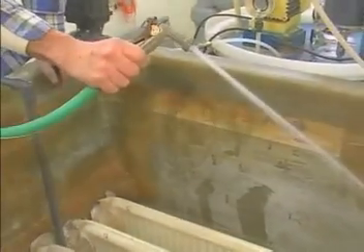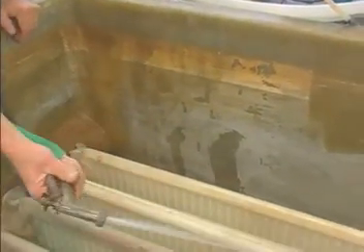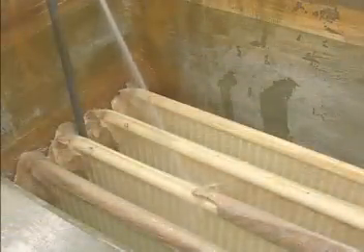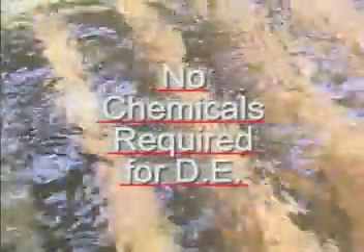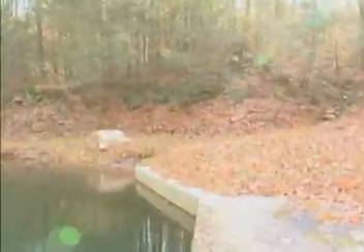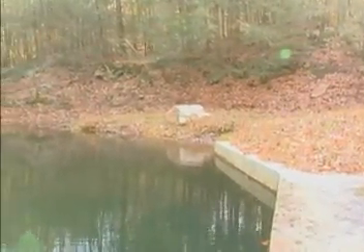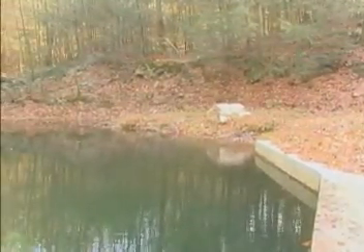The used DE is simply rinsed off with moderate pressure from a hose and can be regenerated or otherwise disposed of. One noticeable advantage of the DE filtration is there are no chemicals required. Normally, DE filters are used where the source water turbidity is low and not prone to sudden spikes.